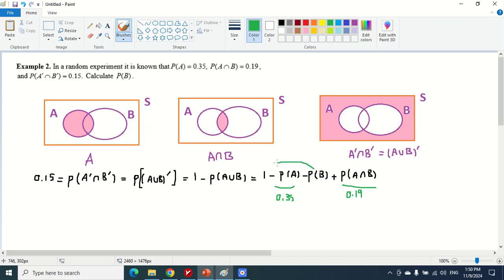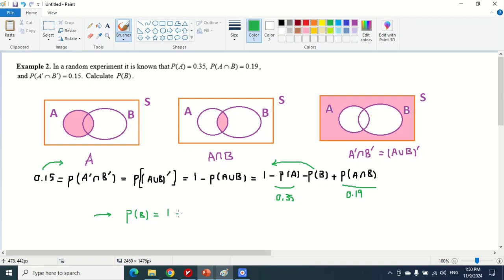It is only necessary to shift that expression to the left. Then I can also shift that 0.15 to the right side of the expression. Then I have the probability of B on the left, by shifting the minus probability of B to the left. As you know from high school knowledge, when you shift an expression to the other side, its sign is changed.